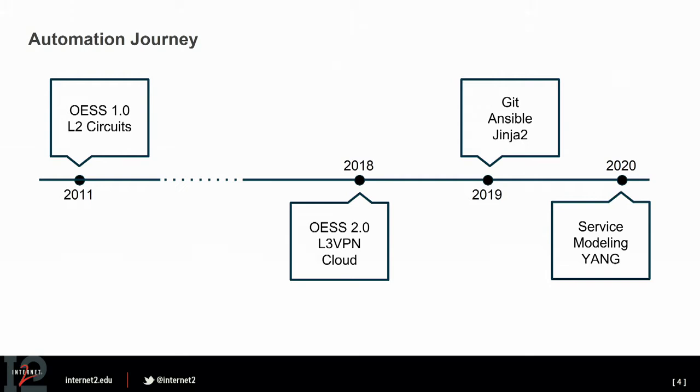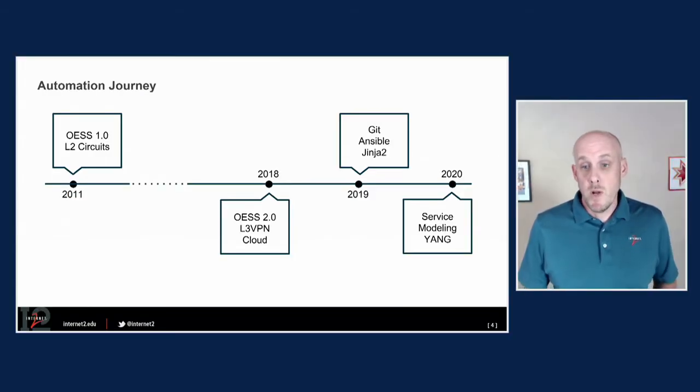An example is layer 3 VPNs. We don't want to just target individual routers at a time. We want to think about a layer 3 VPN as a service on our network, and model and configure that across our network. So we worked on developing a service modeling tool, primarily using YANG, and then the automation pieces to push out the appropriate configuration for the network.